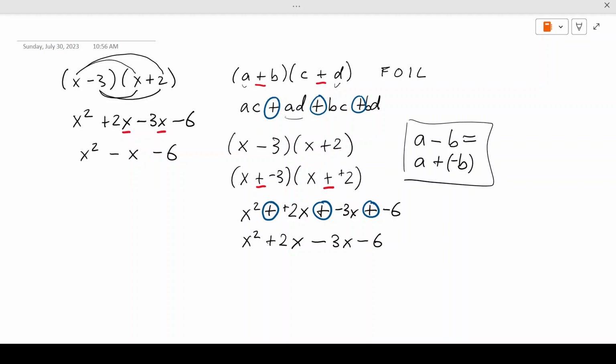Okay? And then collecting like terms, just like before, we've got x and x, those are like terms, so we can collect them. Positive 2 minus 3 is negative 1x. We actually have plus negative 1x minus 6. And plus a negative is the same as minus a positive, so we have x squared minus 1x minus 6, or x squared minus x minus 6.